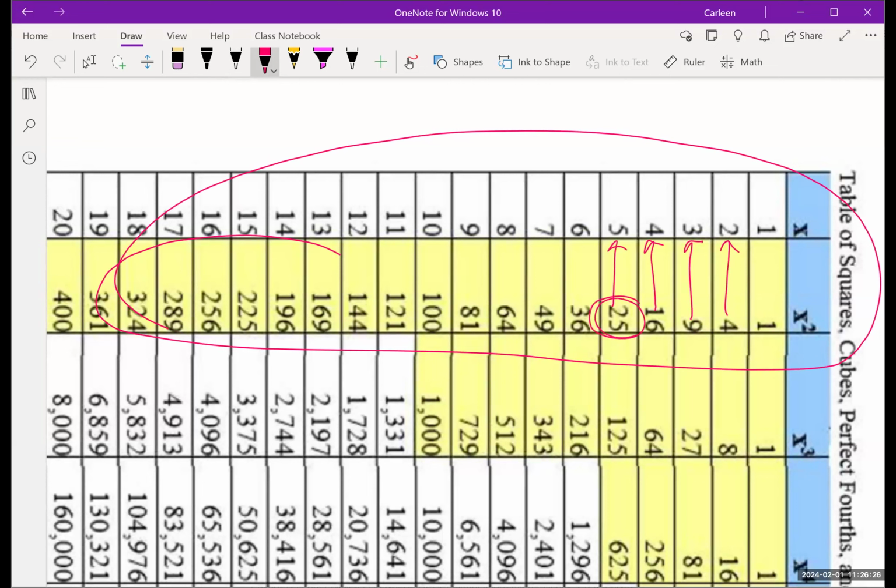So 25, if you tilt your head, can everyone see that 25 is a perfect square? Because the square root of 25 is 5. Are you with me, Zoomers? Do you see where I'm headed? If I want the biggest perfect square, 25 is in my list of perfect squares.